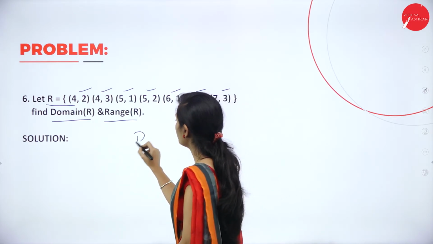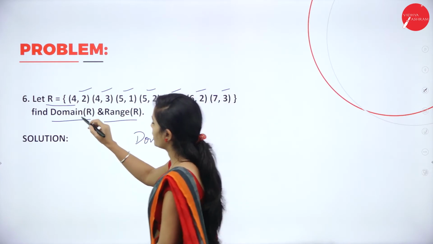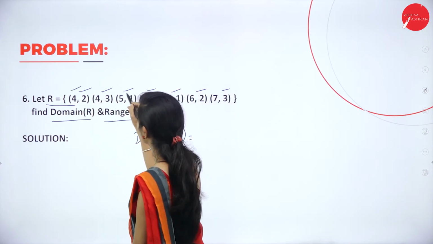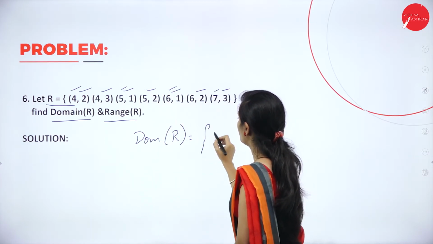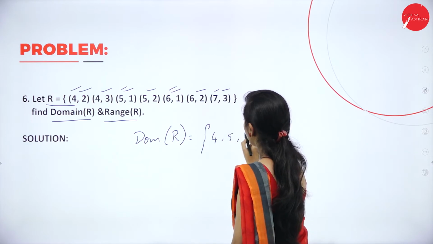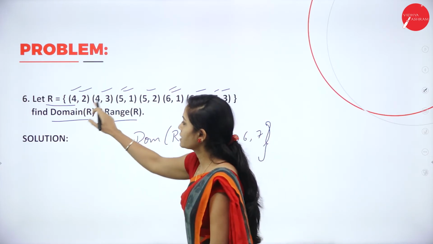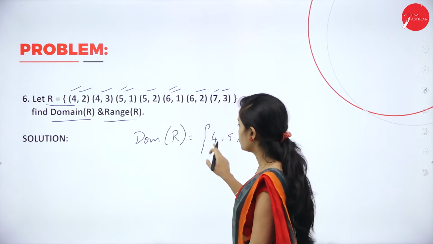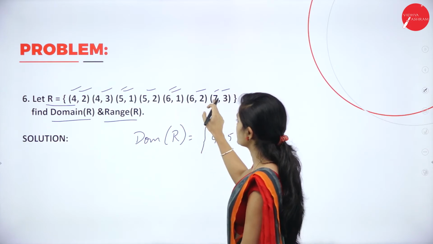So domain of R is equal to, what are the X values? 4, 5, 6, 7. So domain is 4, 5, 6 and 7. All X values are called the domain: 4, 4, 5, 5, 6, 6 and 7.